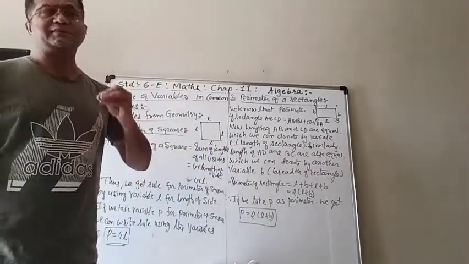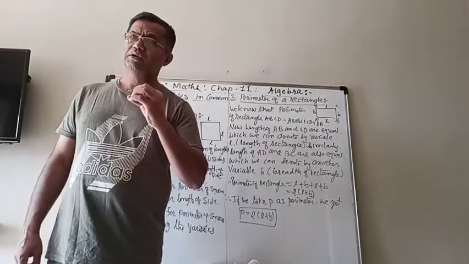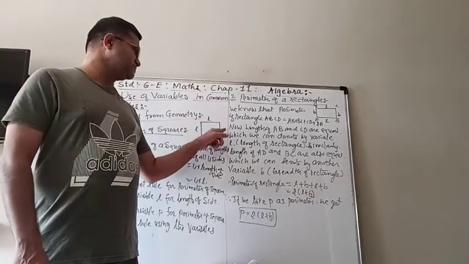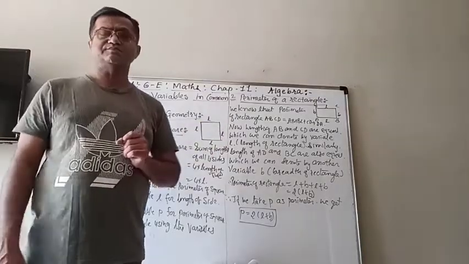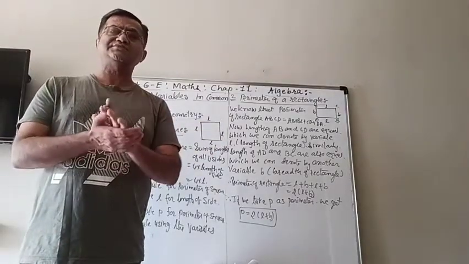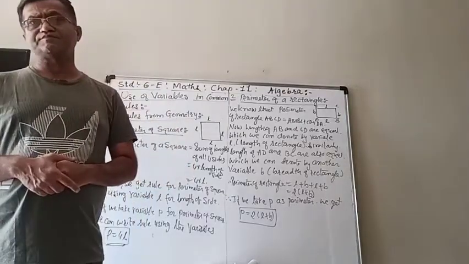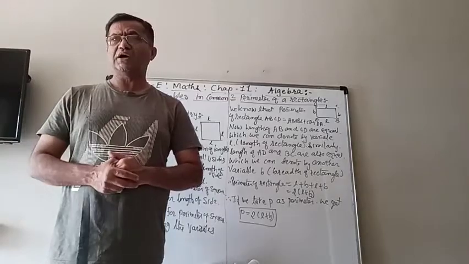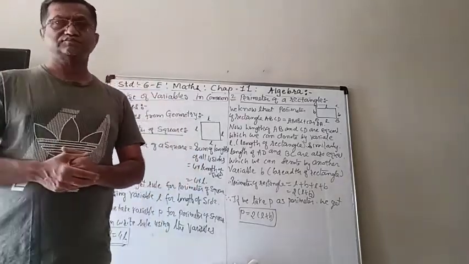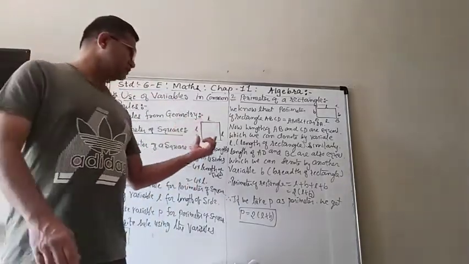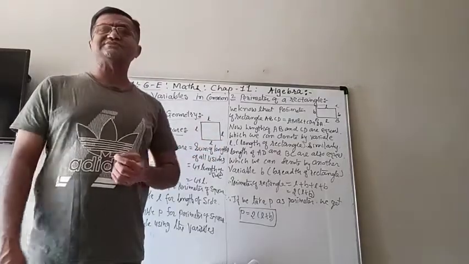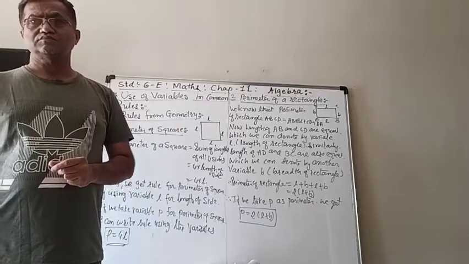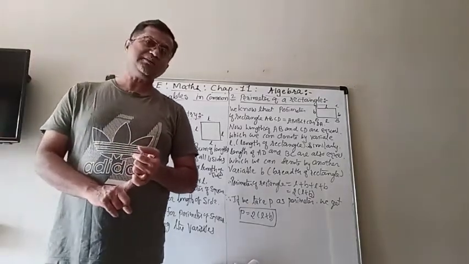Now what is the perimeter of the square? Perimeter of a square is side plus side plus side plus side, meaning 4 times side. So here also we can introduce a variable. Suppose we denote the length of the side by a variable L. So now what is the perimeter?